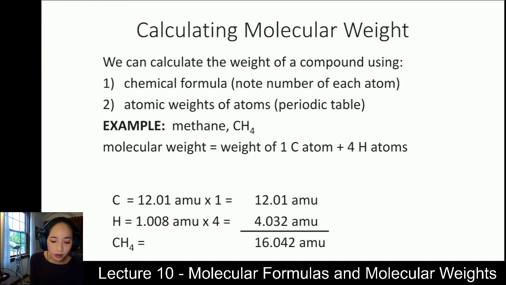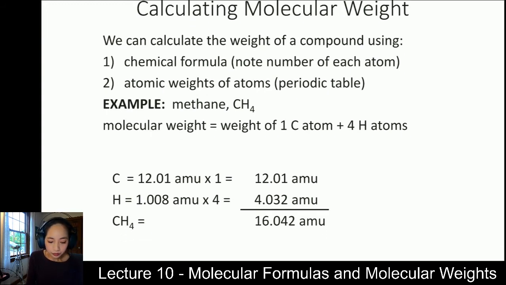So, for example, if we wanted the molecular weight of methane, which is CH4, this is a covalent molecule. Essentially, you would just break down the chemical formula and take the sum of all of the atomic weights of all of the atoms present in that chemical formula. So the molecular weight for the whole molecule would be the weight of one carbon atom, and then add the weight of 4 hydrogen atoms.